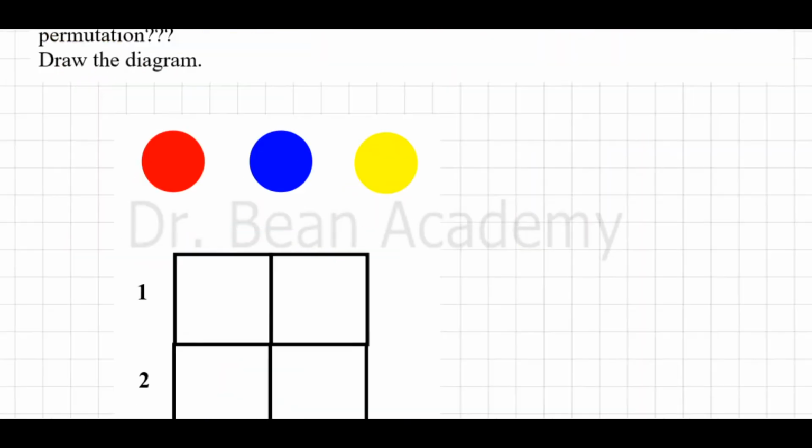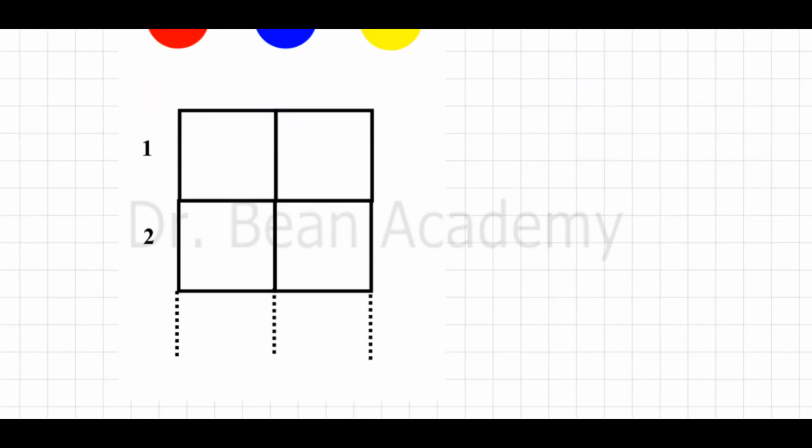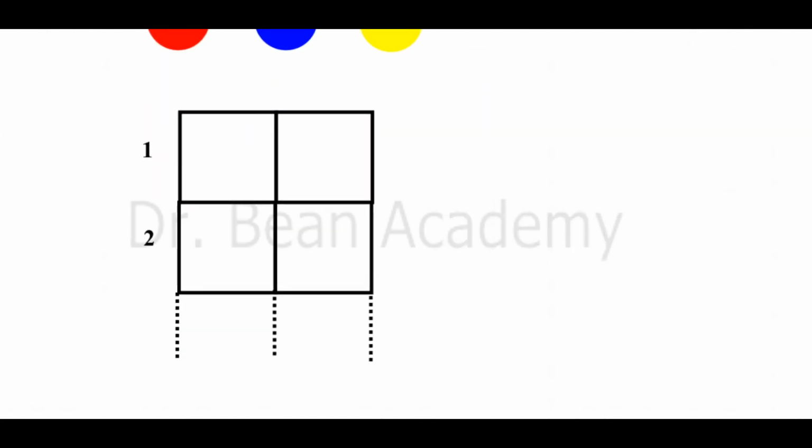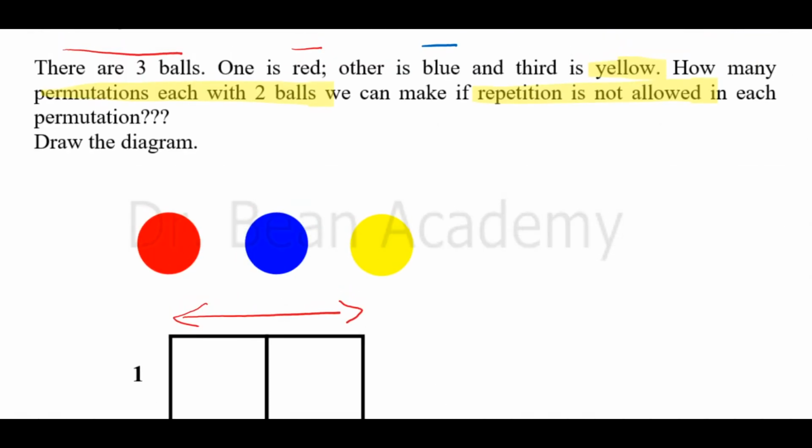So you are given many balls, but with 3 different colors: red, blue and yellow. And you have to make permutations, and the size of the permutation is 2. So you can only make a permutation with 2 balls, not more than that. So calculate the number of permutations. Of course, repetition is not allowed. Don't forget that. So how many permutations can you make?